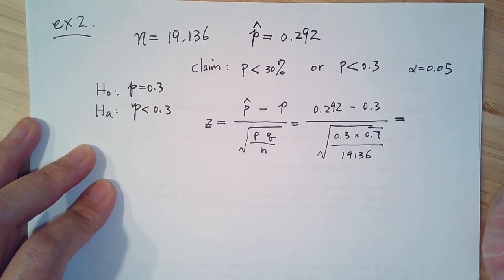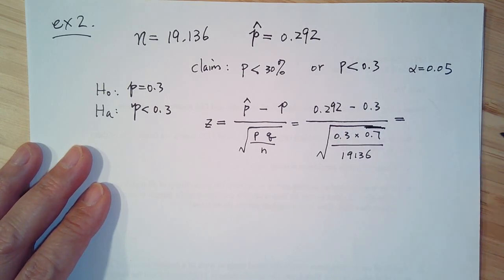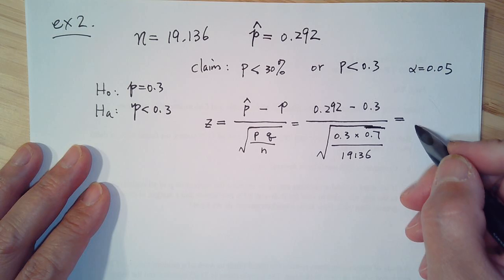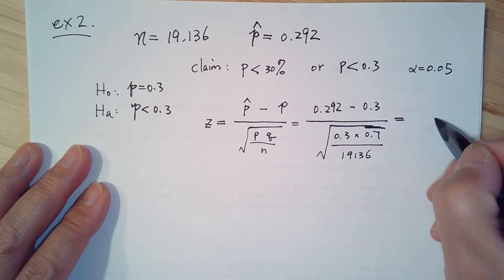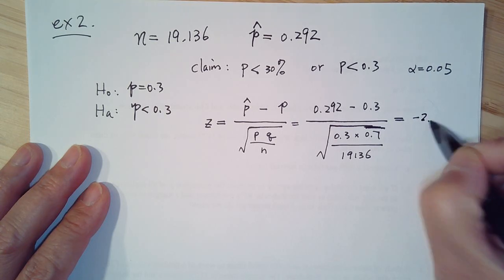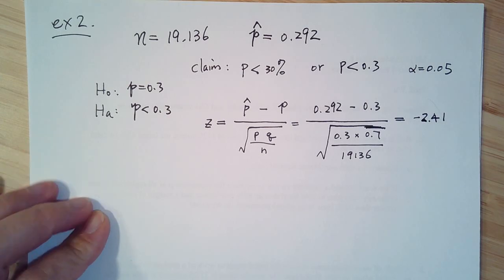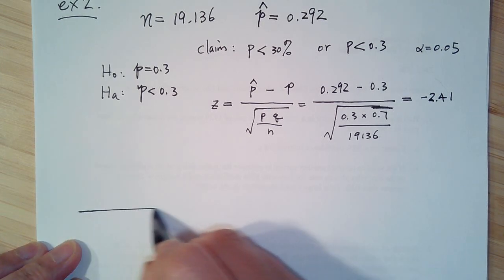I noticed some of you, when you use the calculator, like to write down the middle result somewhere, but in that case you have some rounding error in the middle, so your final answer's rounding error is going to be pretty big. So if possible, I prefer you to keep it as accurate as possible, okay? In this case, I use my calculator and I get negative 2.41. You can pause here and use your calculator to see if you get exactly the same thing as I do. All right, so for negative 2.41, I'm going to draw the z-curve.